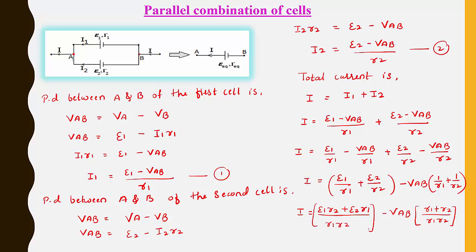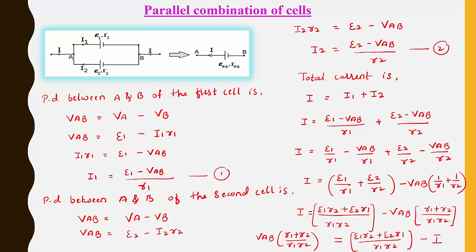So VAB R1 plus R2 divided by R1 R2 on the LHS becomes plus, E is equal to E1 R2 plus E2 R1 divided by R1 R2, keep as it is. We take the electric current I to the RHS, so it becomes minus I. Is it clear up to this point?